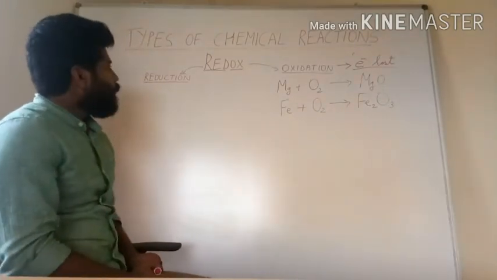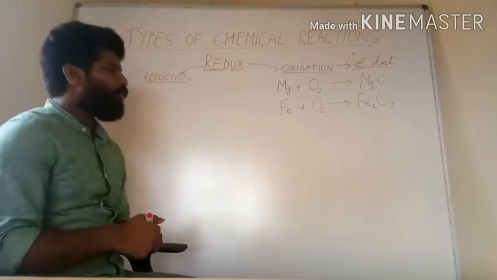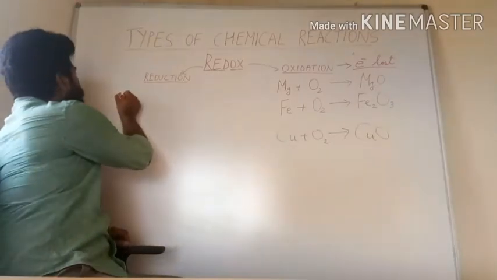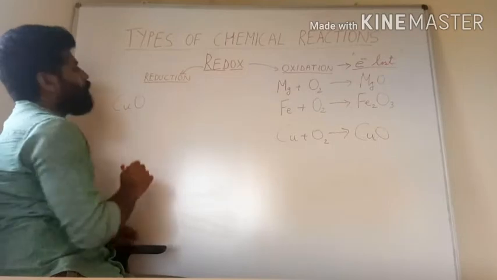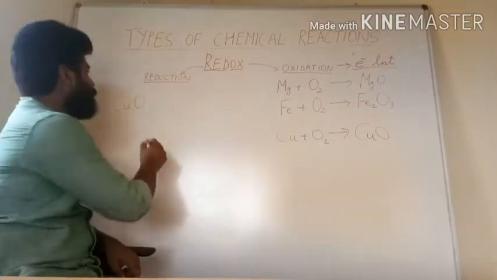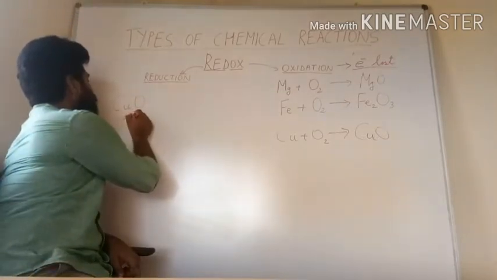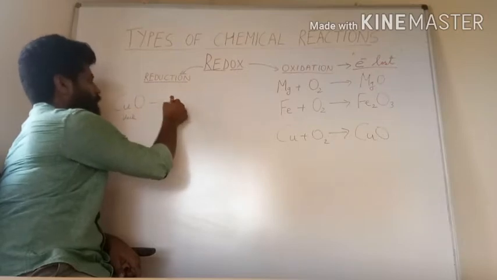So let me write an equation to further elaborate. We have copper oxide, CuO, which is black in color, black copper oxide.